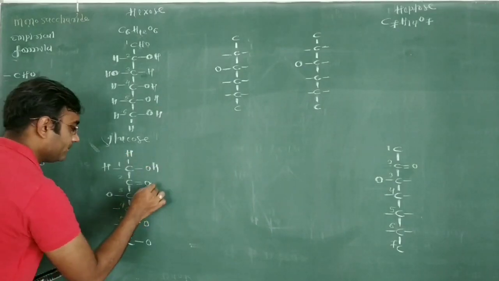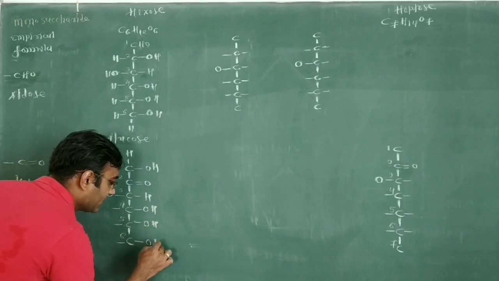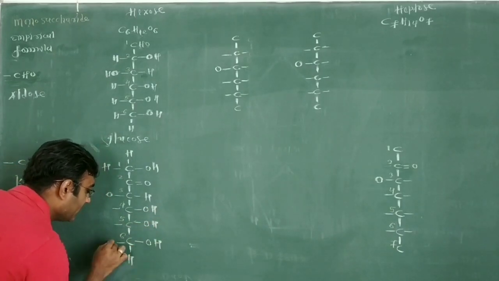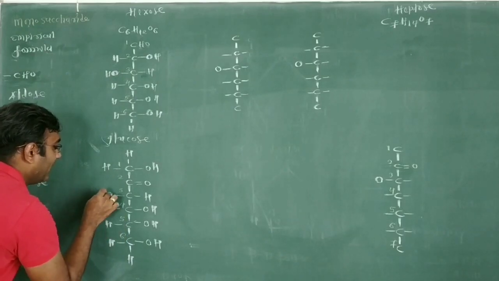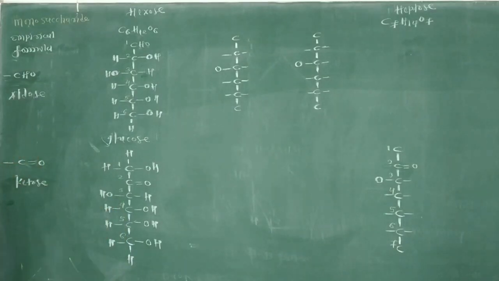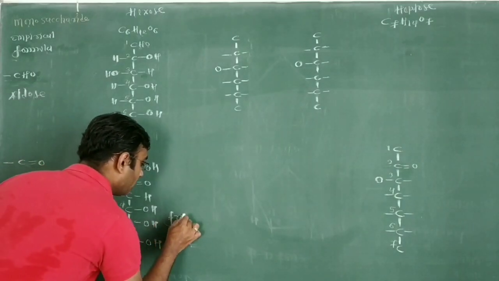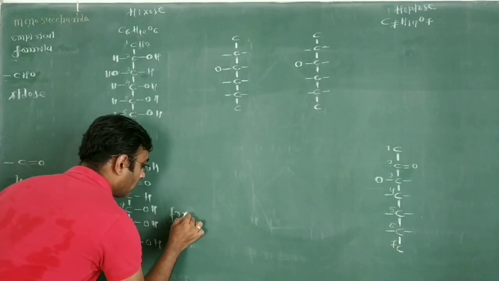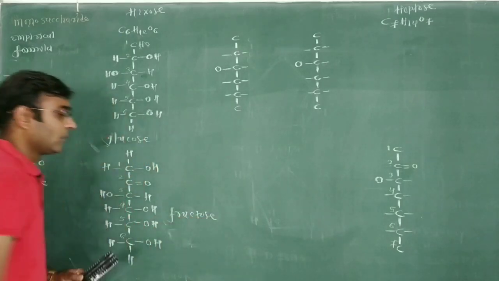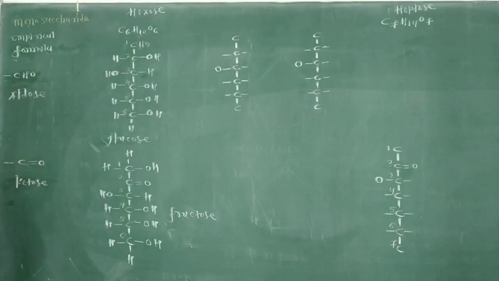First, second, third, fourth, fifth, sixth, 7, 8, 9, 10, 11 and 12 hydrogens arranged. This is the biochemical structure of fructose. Fructose is the example of ketohexose.